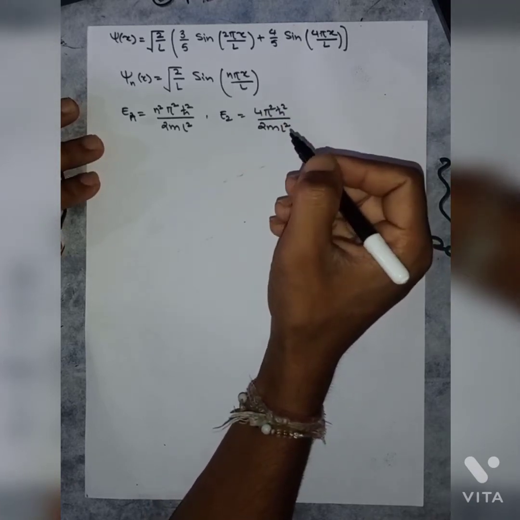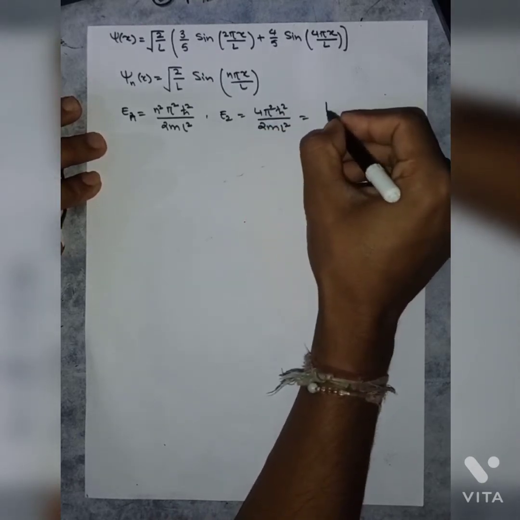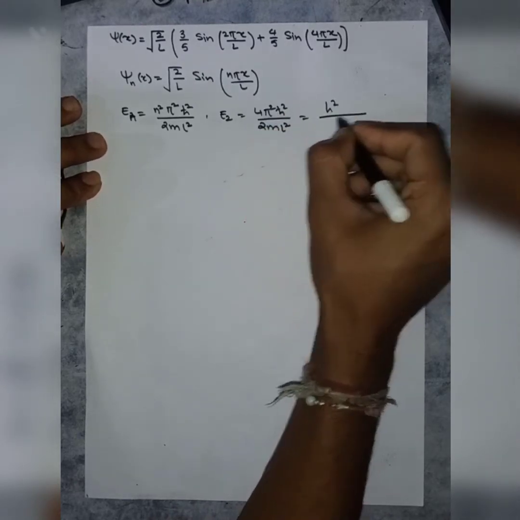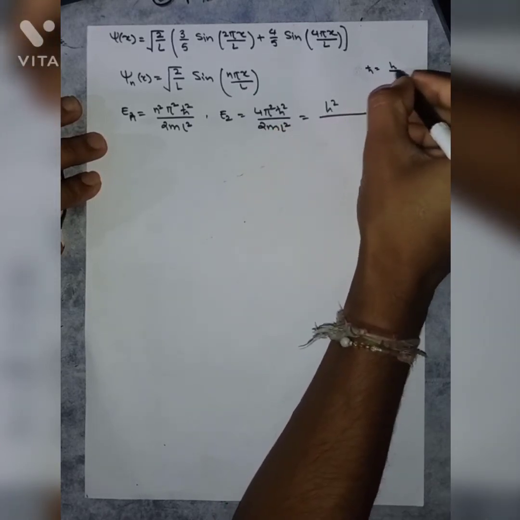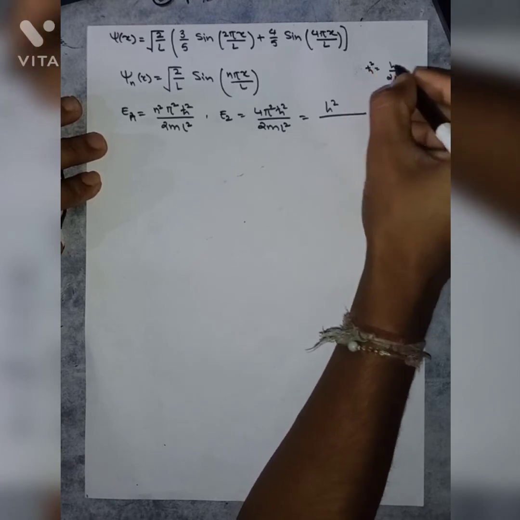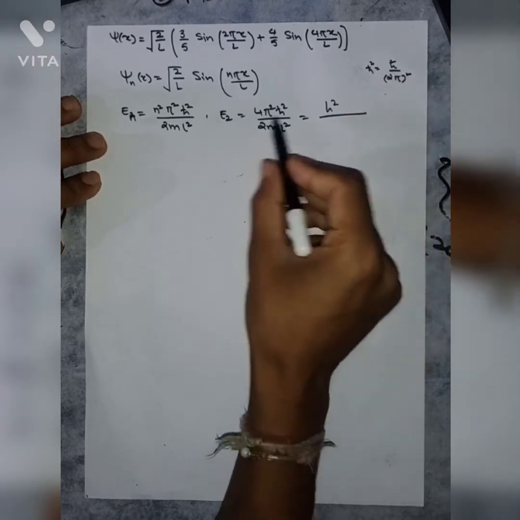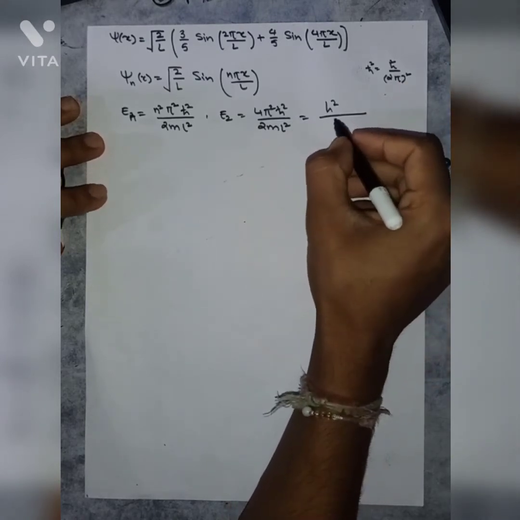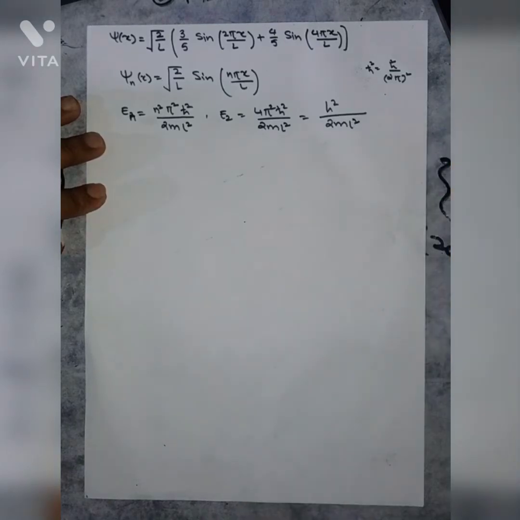But in our options it is not in h bar, so we have to convert it to h square upon, because h bar is nothing but h by 2 pi. So h bar square is h square by 4 pi square, so 4 pi square will get cancelled and we will be left with h square upon 2m L square. Is that okay?